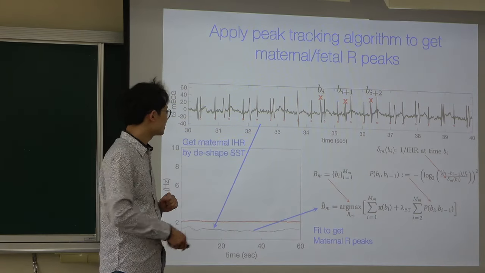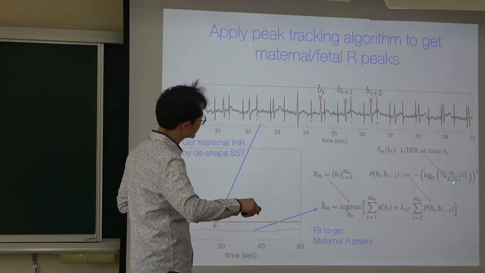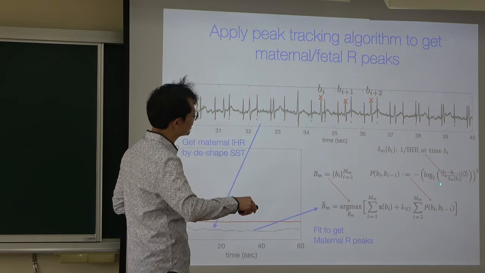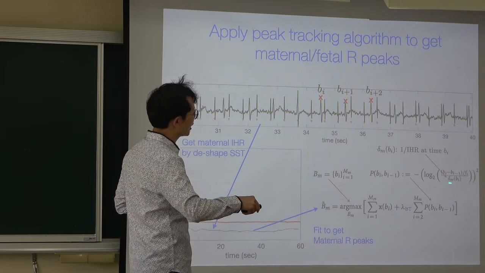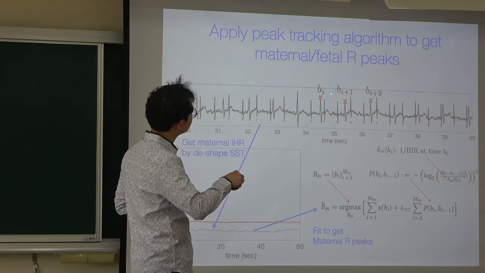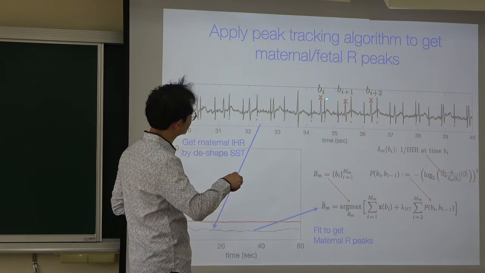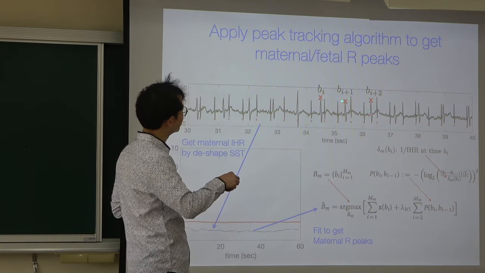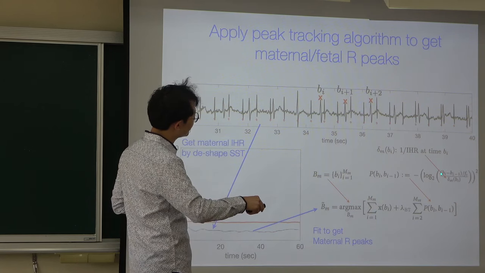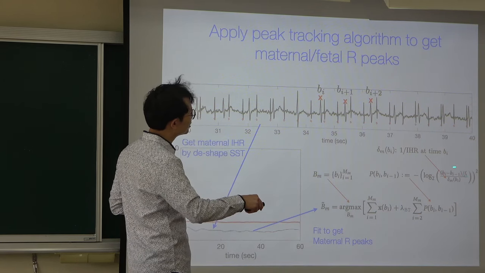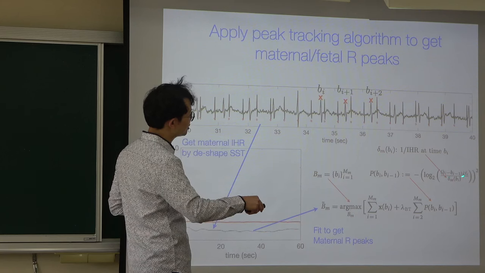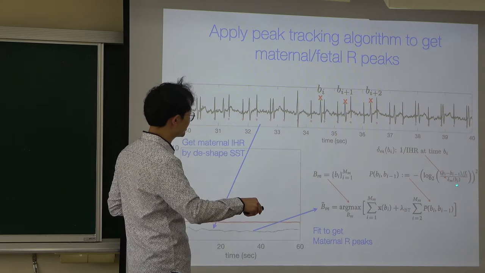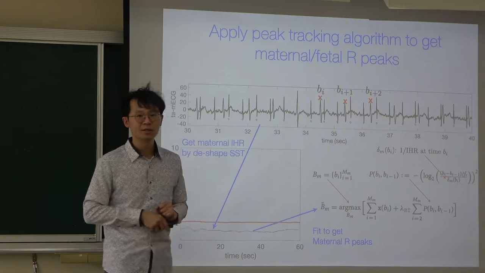What you do is set up the instantaneous heart rate as the reference, and now you try to find all the locations of maternal beats. The locations of the beats, ideally, will give you information as close as possible to the instantaneous heart rate.